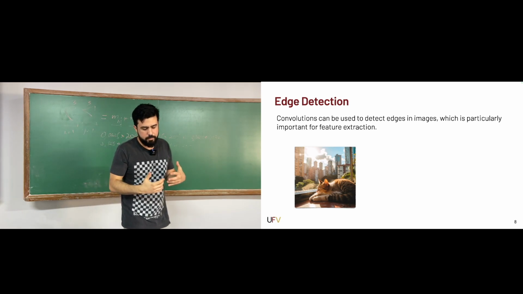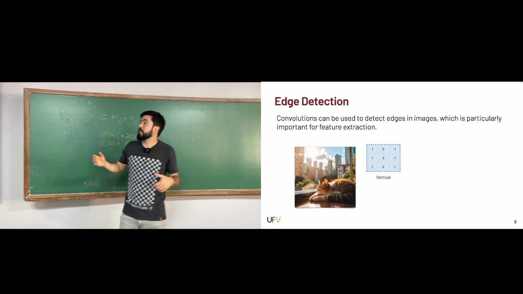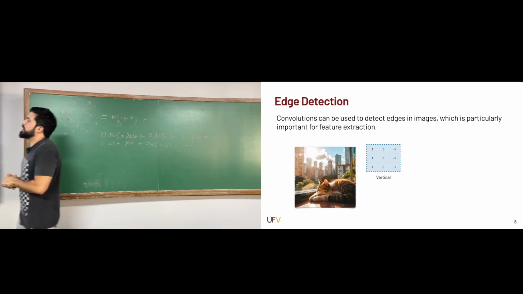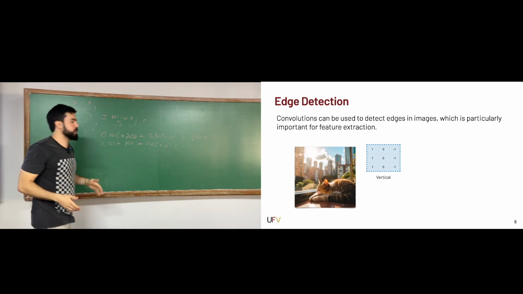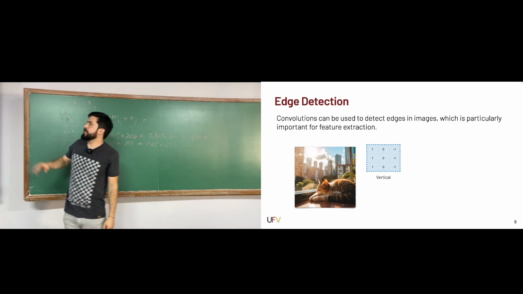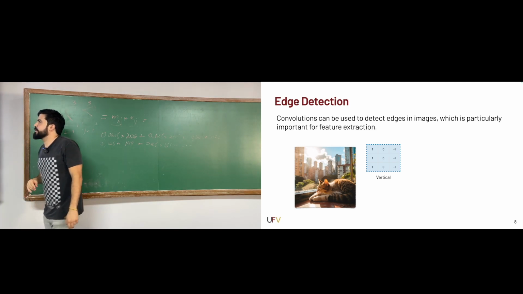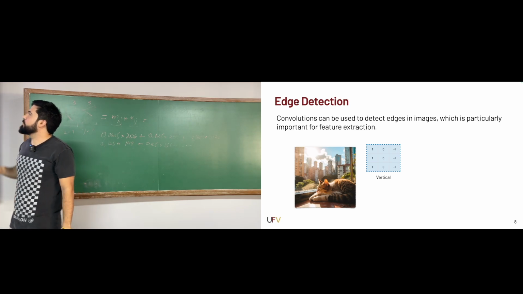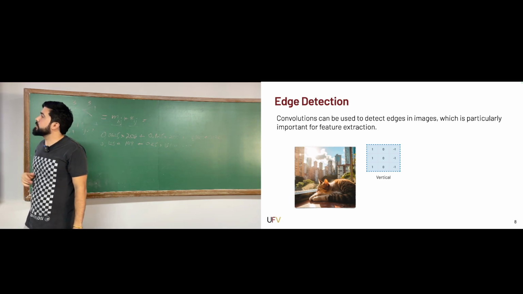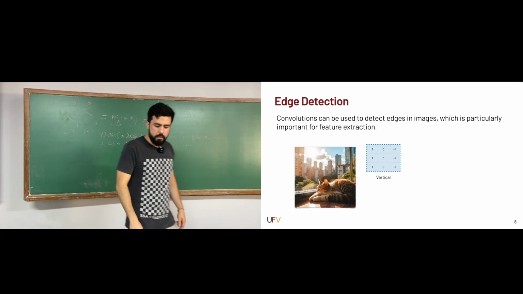And we can do this in many different axes. So we can do, for example, a vertical edge detector, which would detect edges that are vertical on the image. You can define it this way. It's all ones in the first column, all zeros in the middle, and all minus ones on the rightmost column.